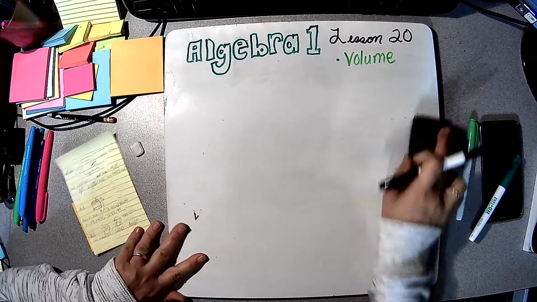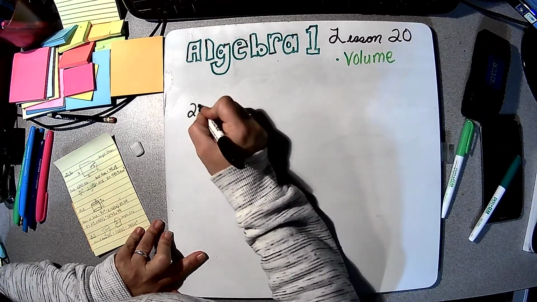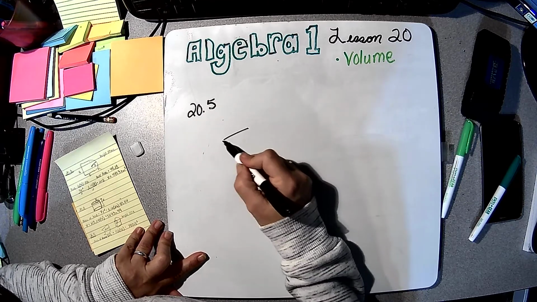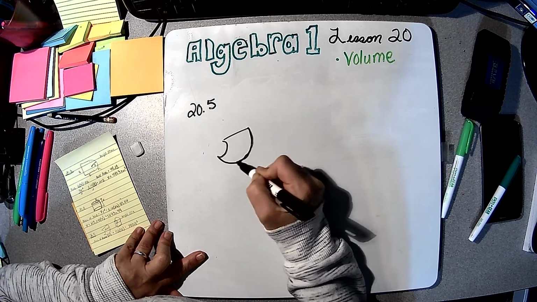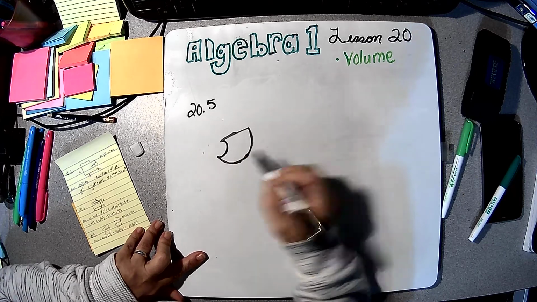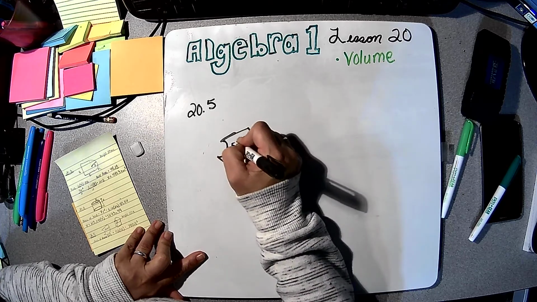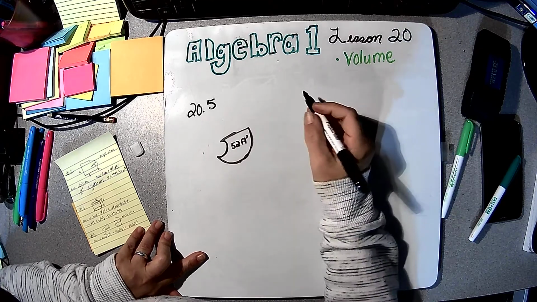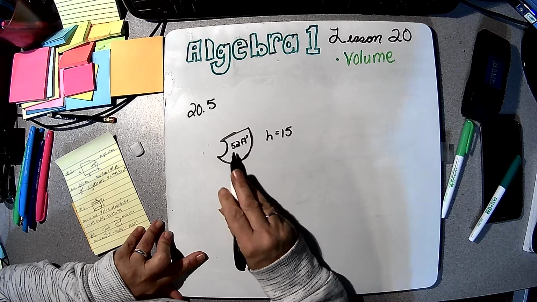And one last one. This one's actually a little easier. It looks like it would be hard, but it's actually really easy. The figure that they give us looks like that. And you're like, how am I going to even find that? But it goes ahead and tells us that this is 52 feet squared. And then it tells us our height is 15 feet. Well, we already know the area of the base.